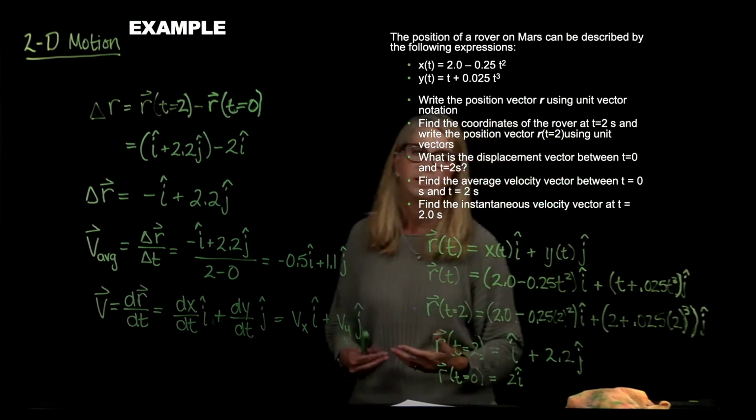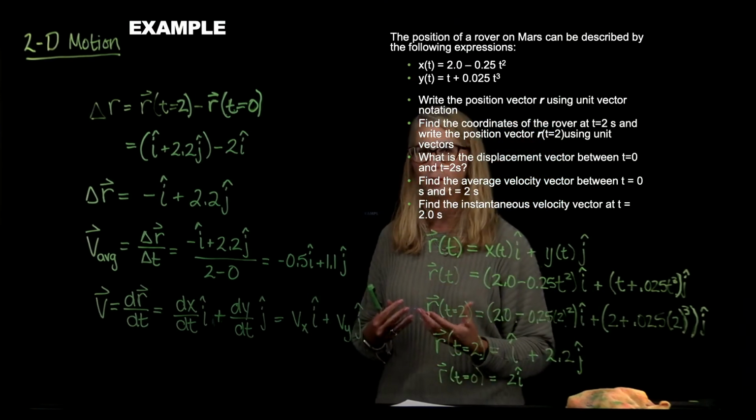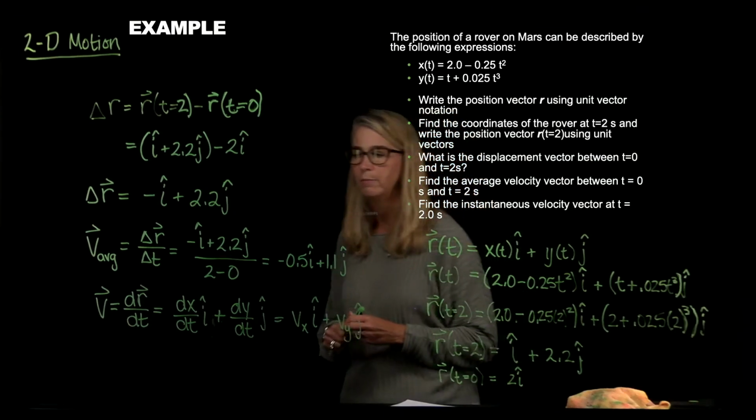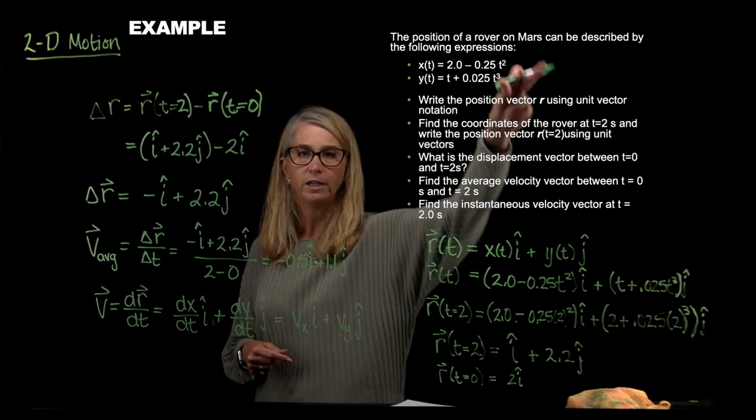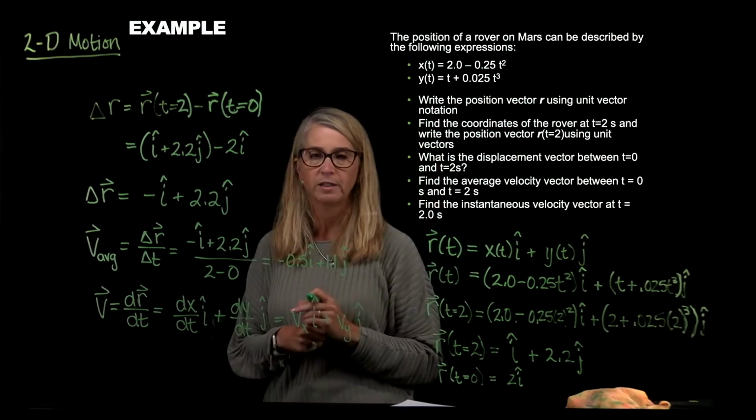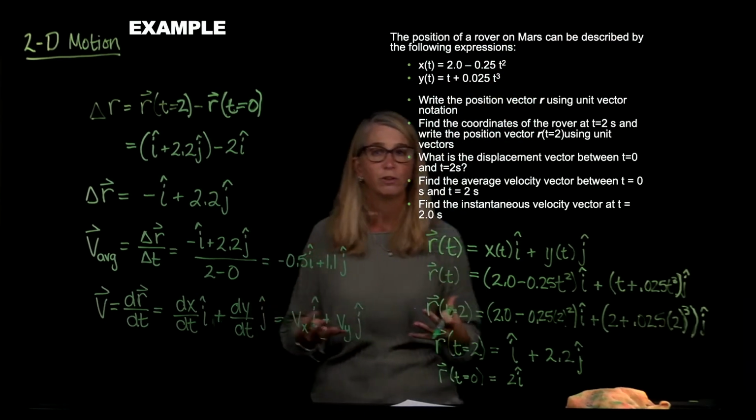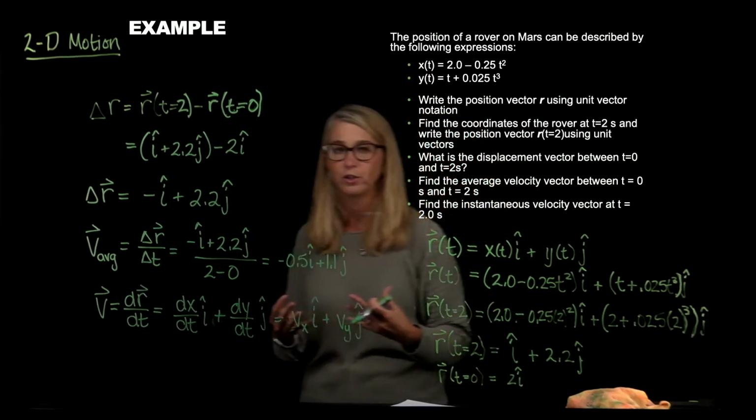In order to find the expression for this particular problem, I need to take the derivative of these expressions right here with respect to time to write a general expression for velocity as a function of time.